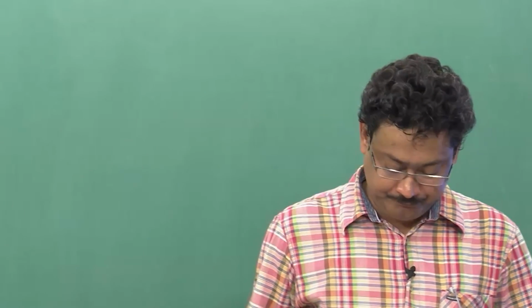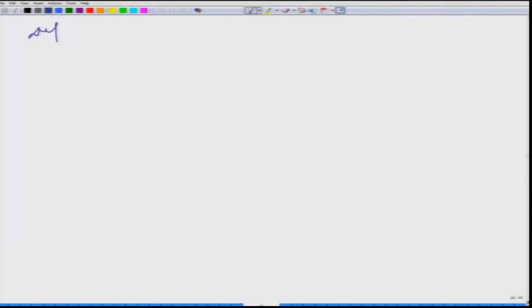Okay. So, let's start with a definition. I have two surfaces S1 and S2, and f from S1 to S2 a diffeomorphism.